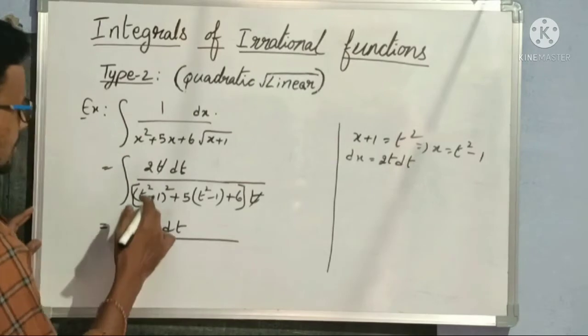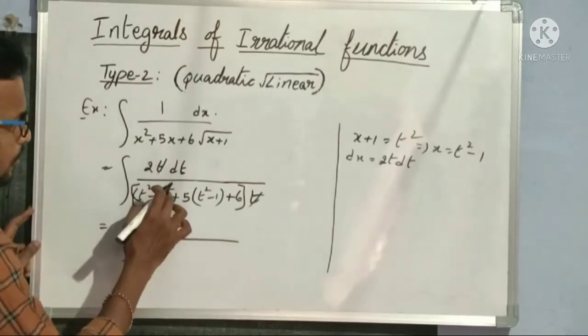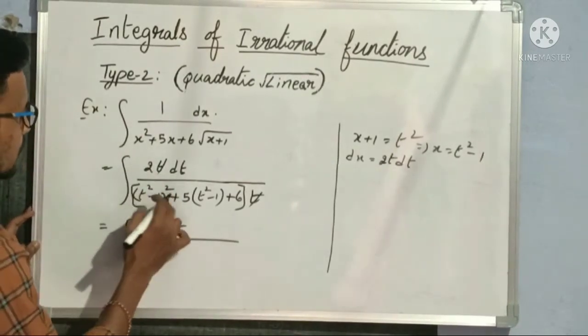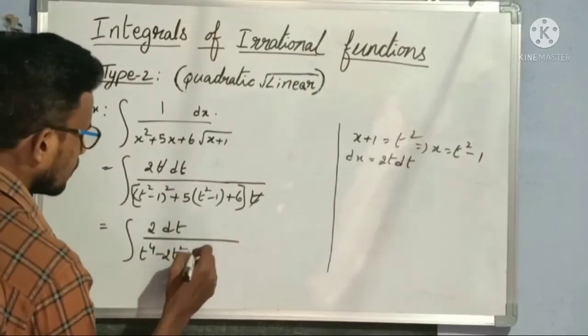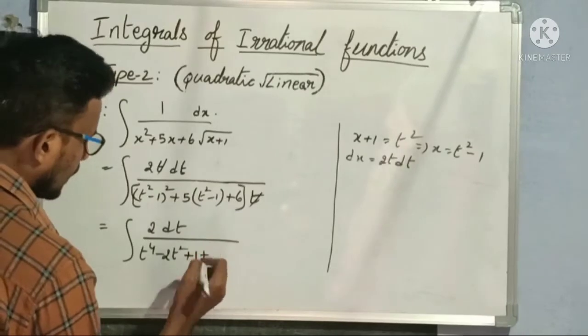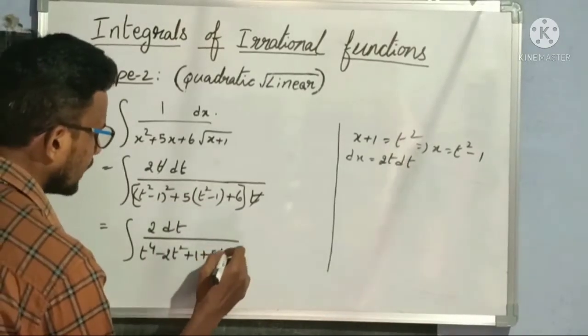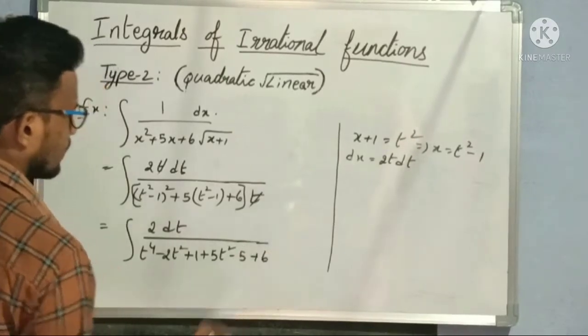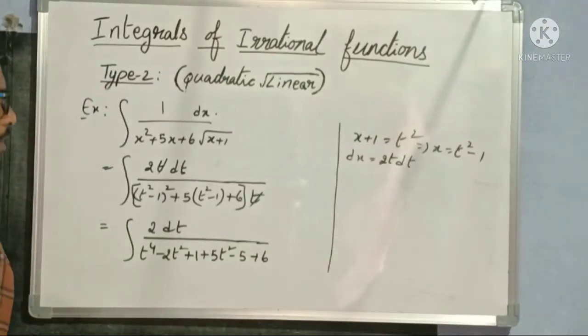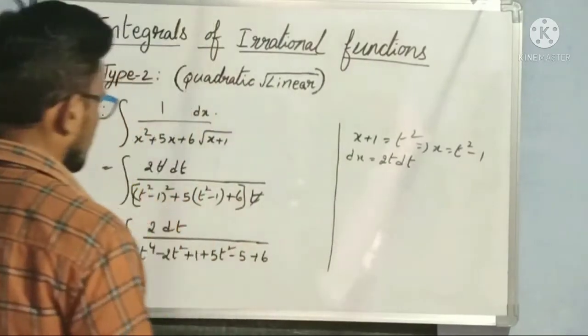So t square whole square means t power 4 minus 2 into t square into 1, which is 2t square, plus 1 square is 1. Again plus 5 into t square, 5t square minus 5 plus 6.